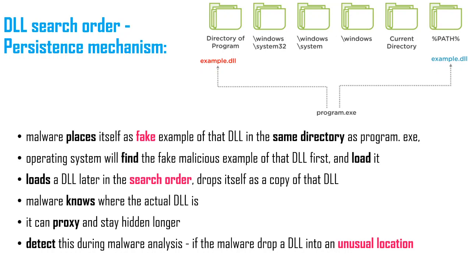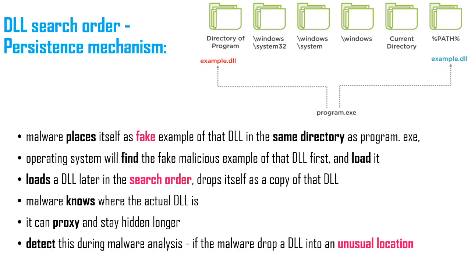So the malware places a fake example.dll in the same directory as program.exe. This DLL search order is performed by the operating system, and the malware takes advantage of it by placing a fake example.dll in the same directory where program.exe is executed.